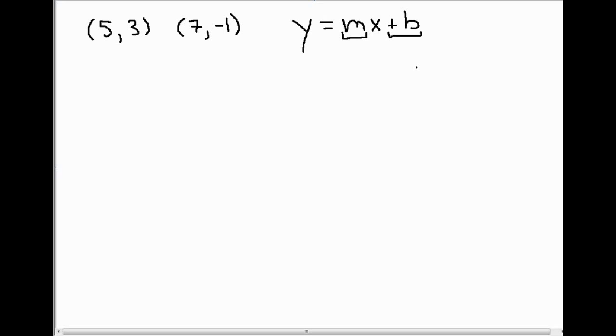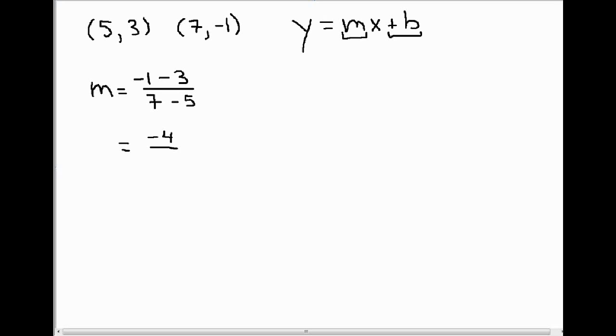In the previous two videos, we talked about both how to get the slope and how to get the y-intercept. If we're given 2 points, we have an equation for slope that we can use, and that's y2 minus y1 over x2 minus x1. So we've seen this a few times now. I take my second y value minus my first y value, and in the denominator I subtract my second x value minus my first x value. -1 minus 3, if I subtract 1 and then subtract 3, altogether I'm subtracting 4.